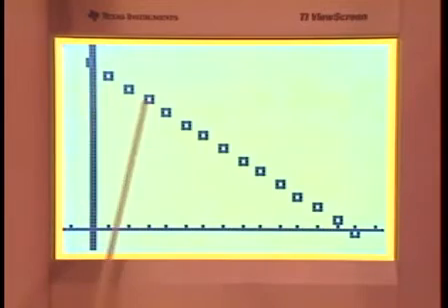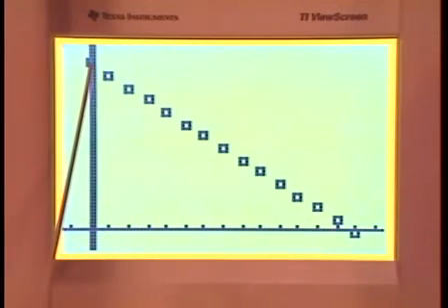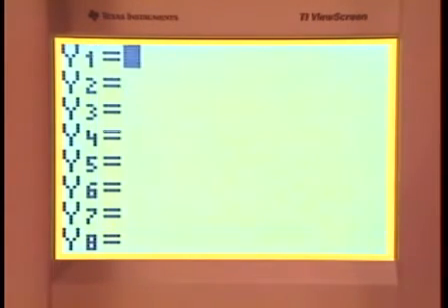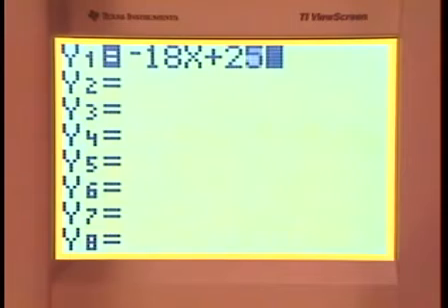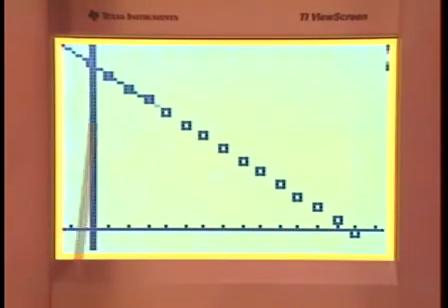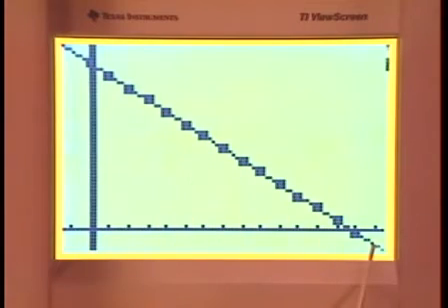And there are the multiple points from 0 to 250 up until your balance becomes 0. The overpayment is indicated by the fact that we're below the horizontal axis. If I now go to the y equals menu and I key in negative 18x plus 250, I can graph the line and it joins all those points.